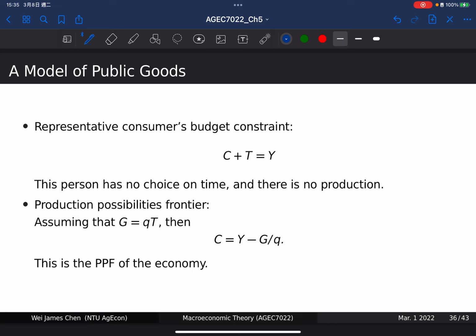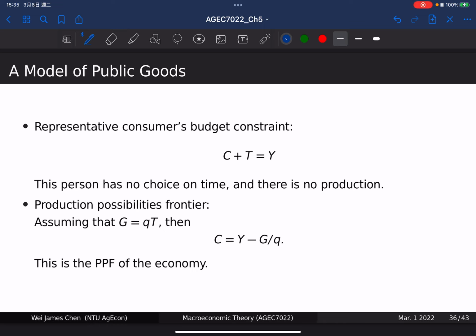He or she receives an amount of output Y. This output you can assume is output coming from heaven, from God, just dropping on your head every day or every year. You just receive a Y, and then you use that to consume and to pay tax.